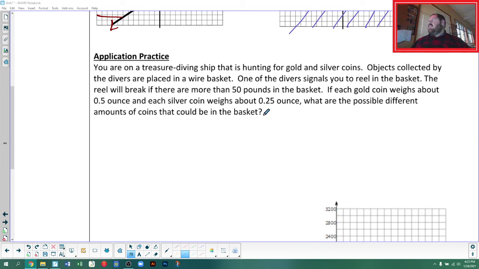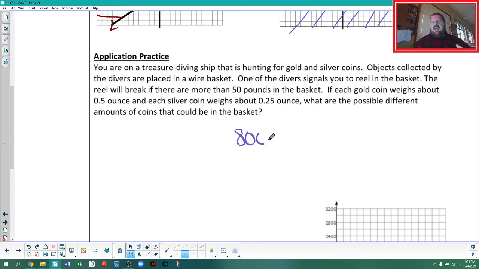But what that means is if I have 50 pounds, and I'm just doing it on that same thing, that's 800 ounces. Okay. So the weight cannot be more than 800 ounces. So 800 is kind of our operating number here. And it says if there are more than 50 pounds, so it can actually equal 50 pounds or 800 ounces.